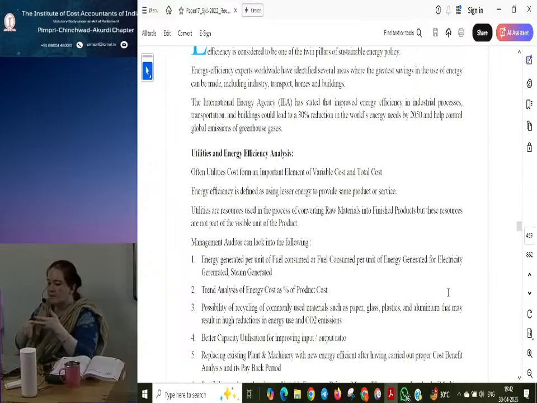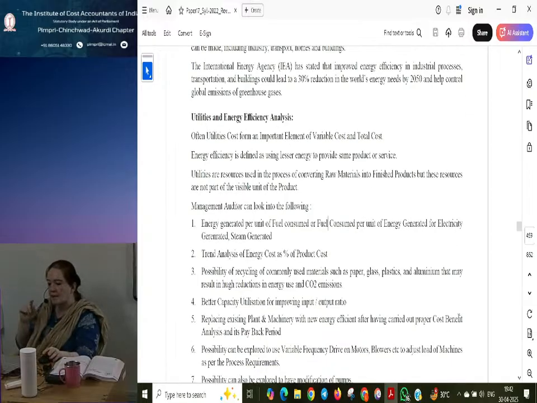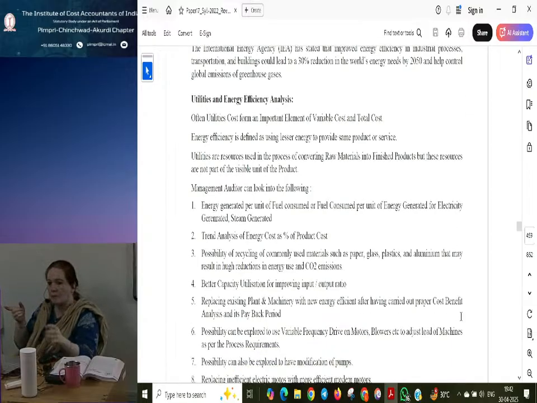Then better capacity utilization, that is, by improving the input-output ratio. Then replacing the existing plant and machinery with new energy efficient ones. For that we do a cost benefit analysis. You are going to save something on power, but of course it's a cost intensive measure.